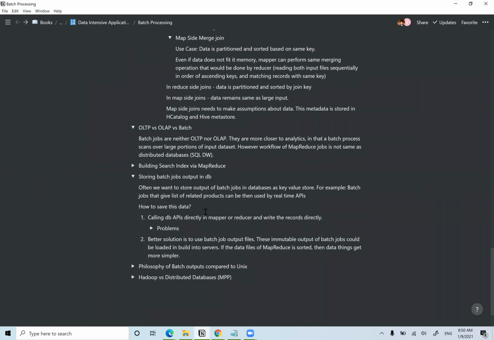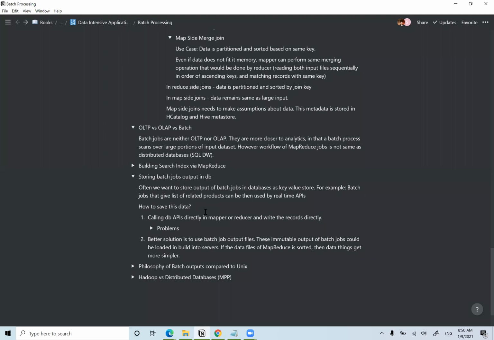Then the other thing which was mentioned was storing the output of your batch jobs in a DB. Like we discussed in ETL, extract, transform, and load: you extract your raw data, you transform it, and then you might want to save the output of your batch jobs in some DB so that you can query that data faster, right?